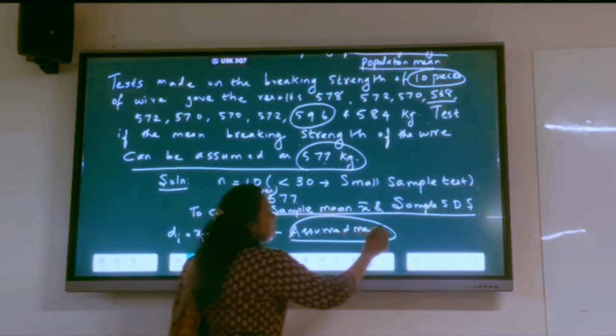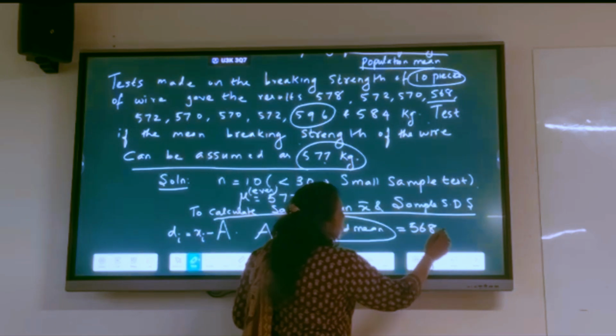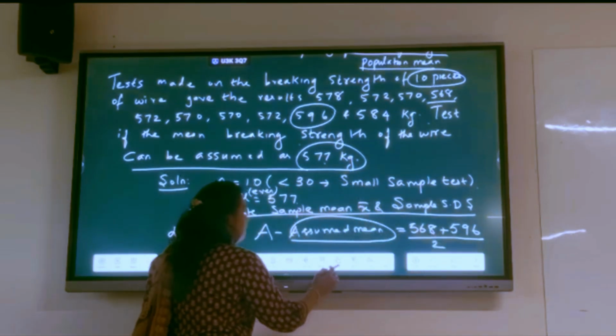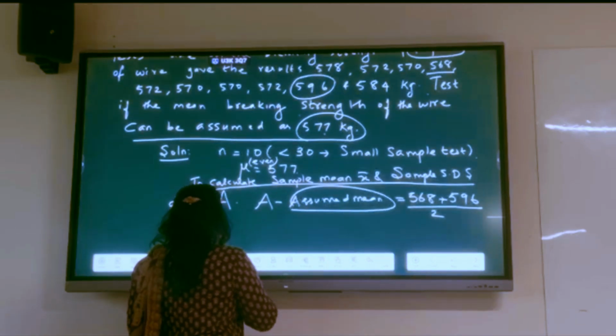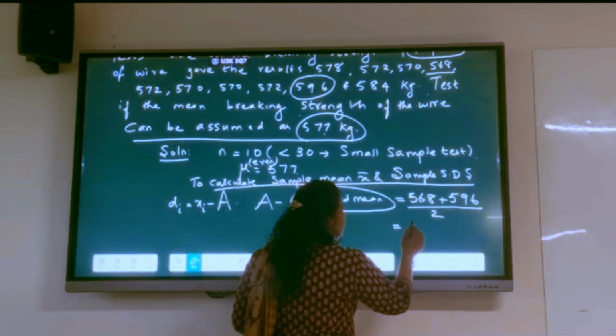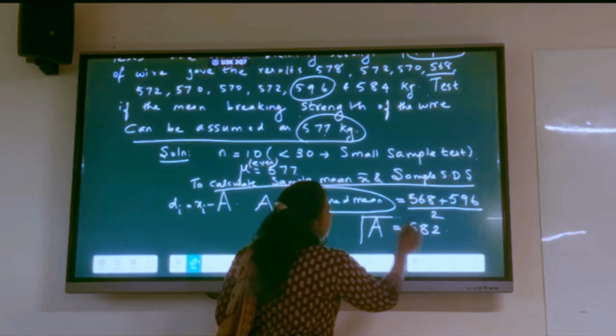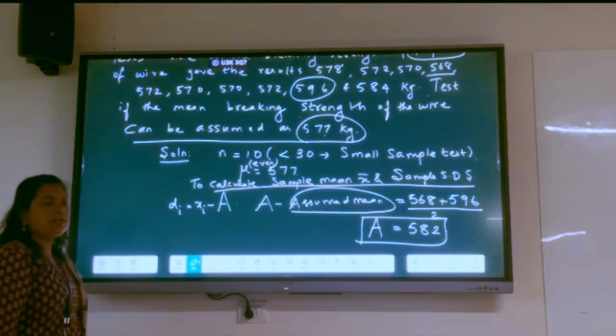So 568 plus 596 divided by 2 gives exactly 580. So this is your capital A.